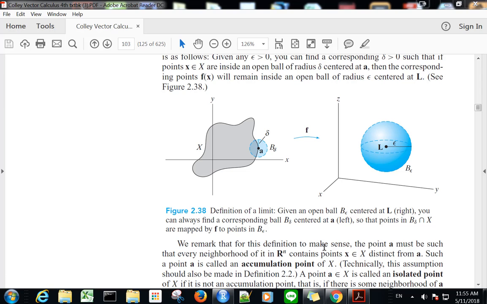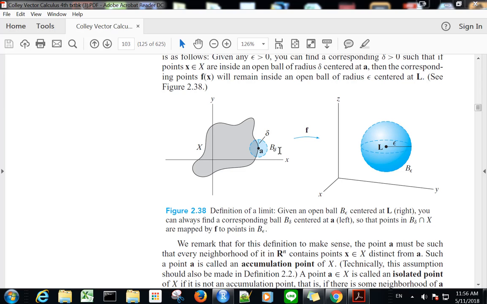They also say that for this definition to make sense, the point A here must be such that every neighborhood of it in Rn contains points x in X distinct from A. So no matter how small a neighborhood you put around A, you have to have at least some points in X that are in there.